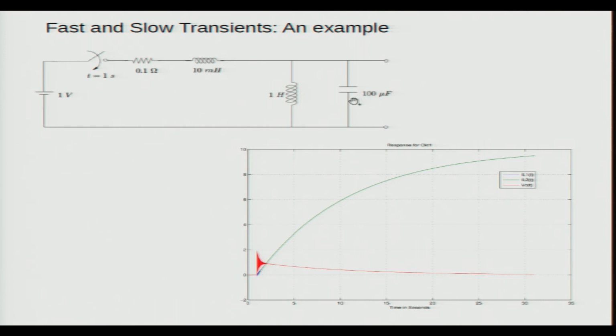If you look at this system, you will in fact have 3 differential equations. You could choose the current through inductor 1, the current through inductor 2, and the voltage across this capacitor. Using KVL and KCL, there are 2 loops here.